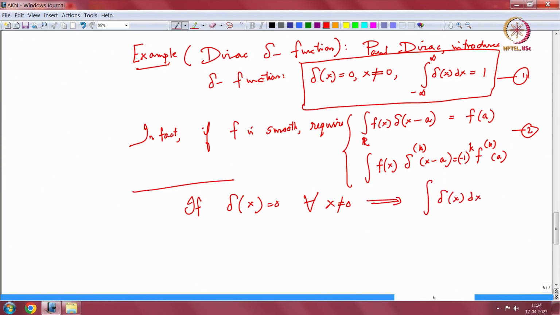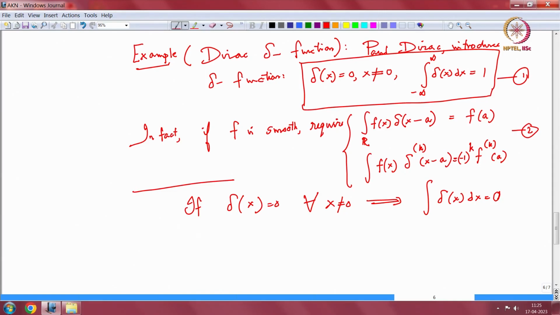So, to mathematicians this looks like a bit of an absurd statement. You are looking for a function that is 0 except at 0, and the whole thing is concentrated there. But Dirac had his physical intuitions.